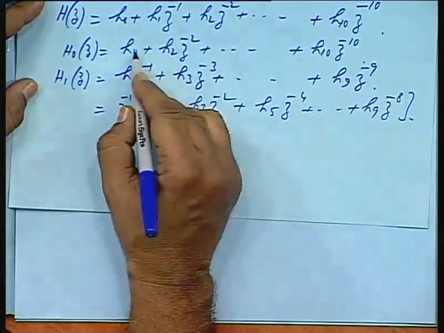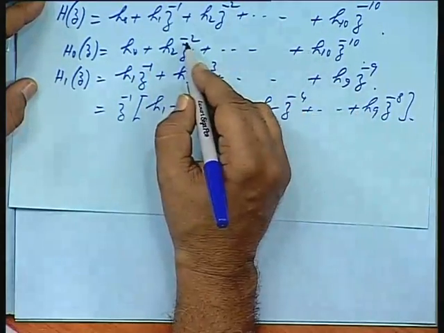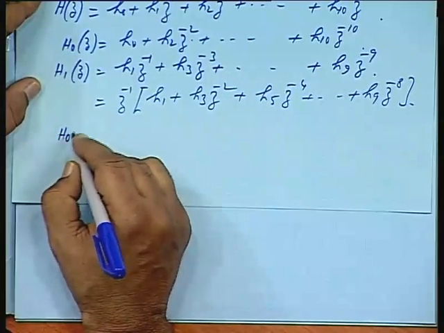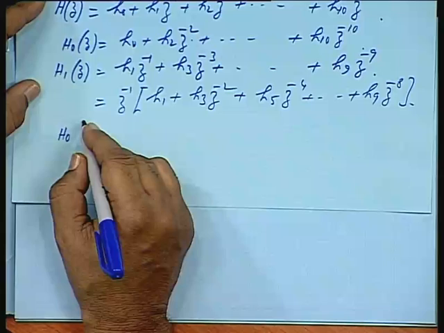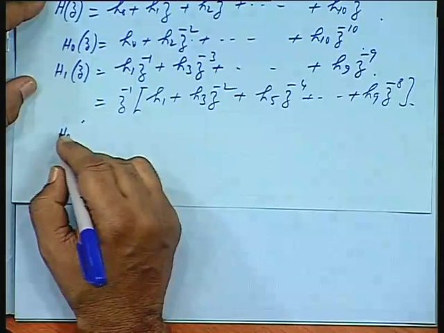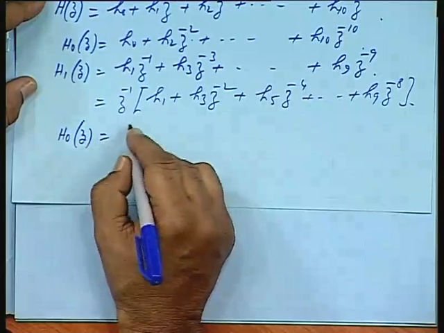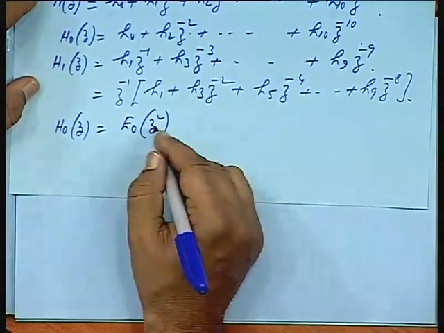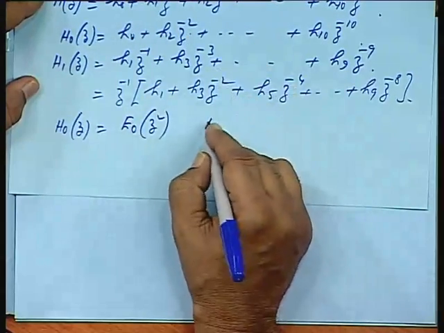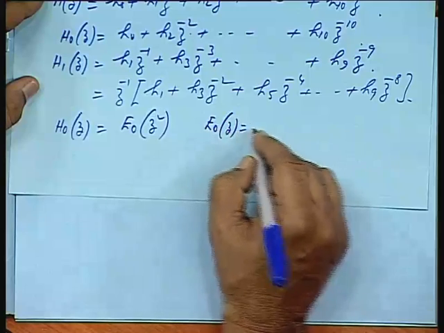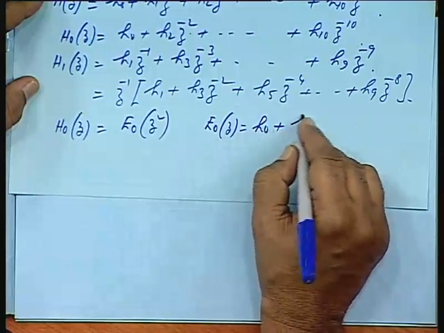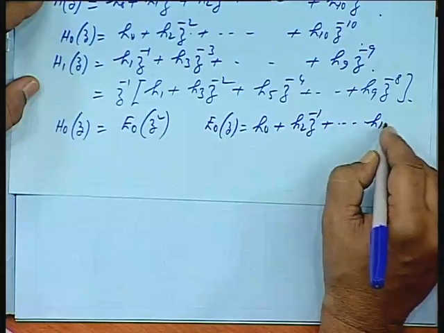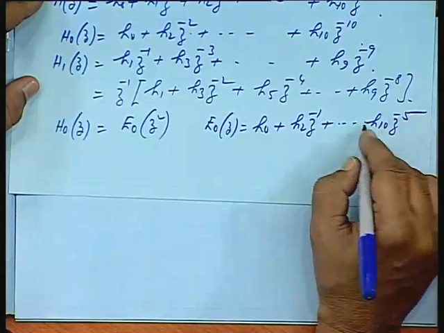Now, this is a function of z to the power minus 2. So, H0(z) I can write as some E0(z squared). It is a function of z squared, where E0(z) will be H0 plus H2 z inverse plus finally H10 z to the power minus 5.